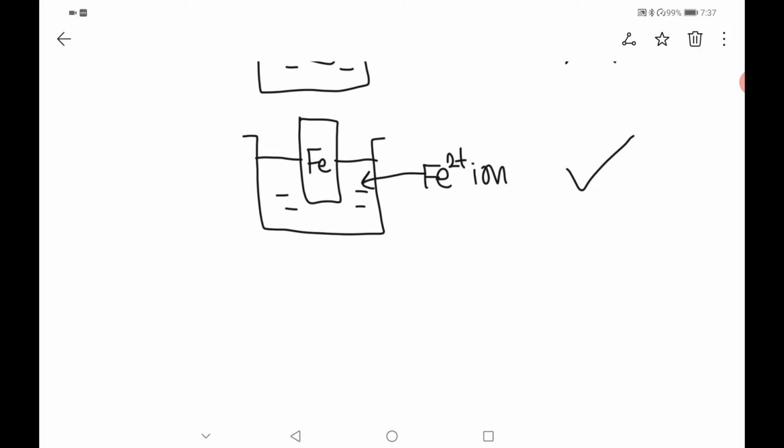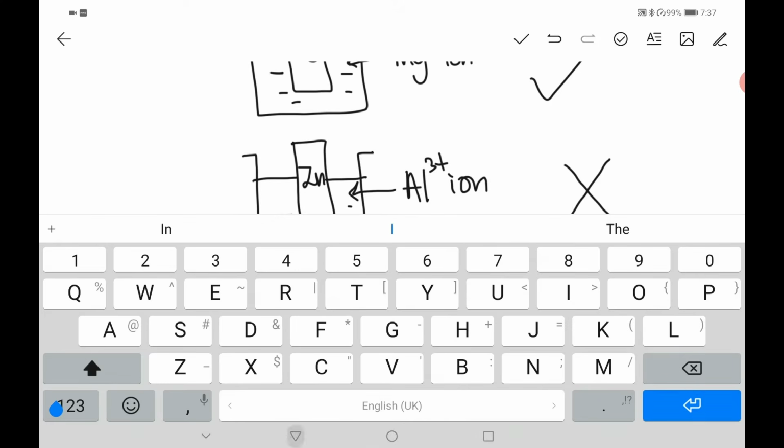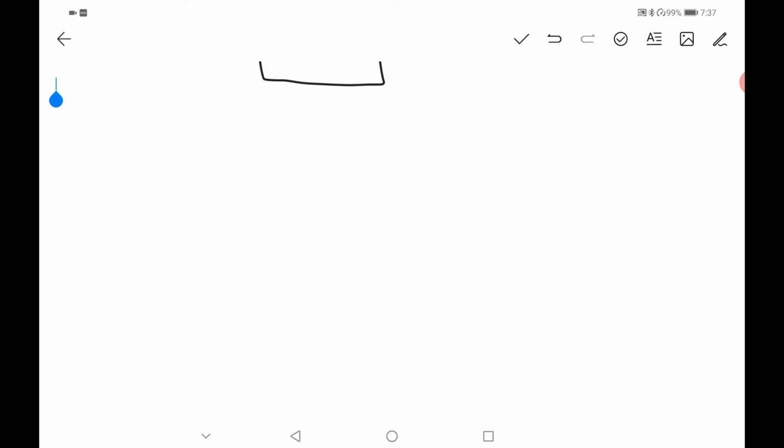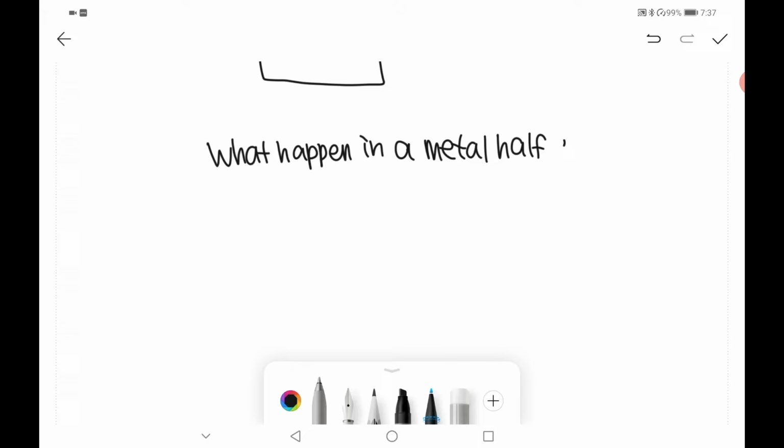So when we have a half cell, what is actually happening? Let me write it down. So the next thing, what actually happened in a metal half cell?